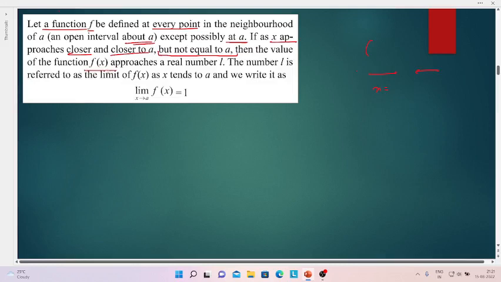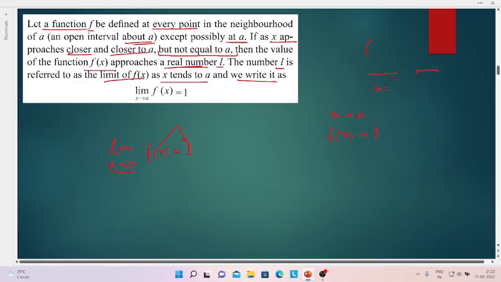Then the value of the function f(x) approaches a real number L. So if x approaches a, then the given function f(x) approaches another real number L. Then the number L is referred to as the limit of the function f(x) as x tends to a, and we write it as limit x tends to a of f(x) equals L. So you can understand, f(x) will be tending to the real number L as x tends to a.